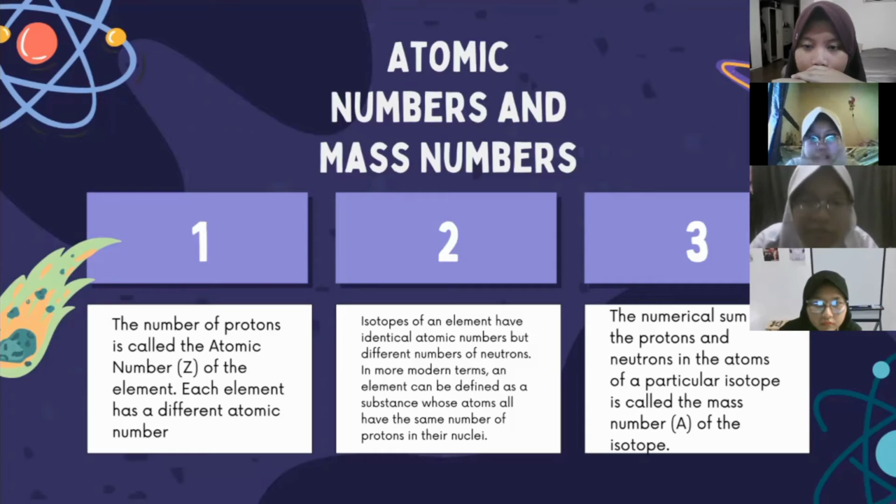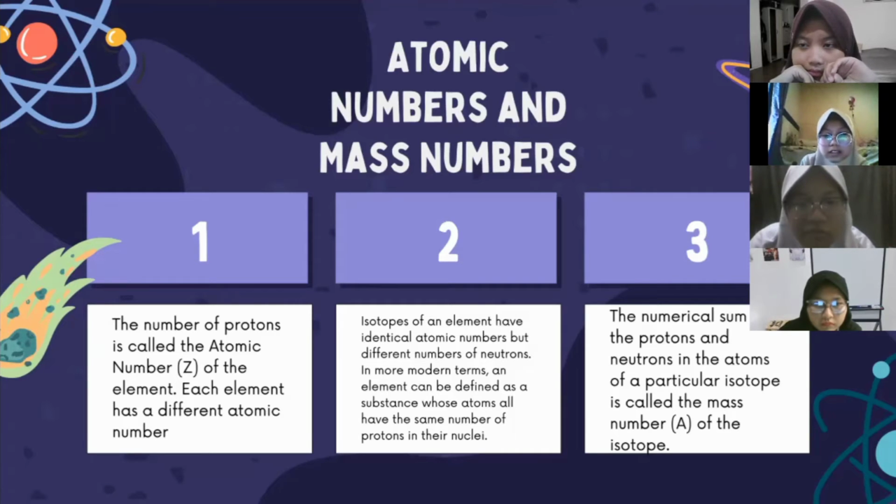And it's interesting about the atomic number and mass number. Atomic number we can write with the symbol Z, and the mass number we can write with the symbol A. How about the isotopes?